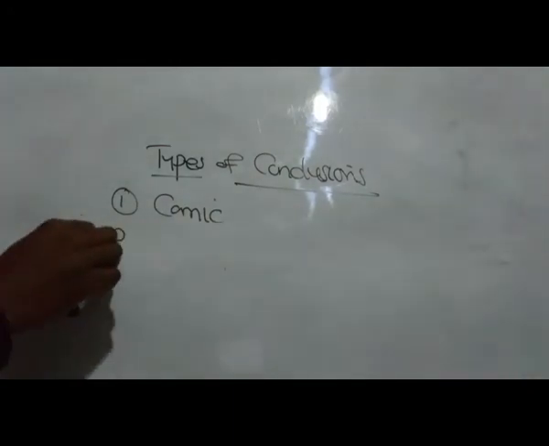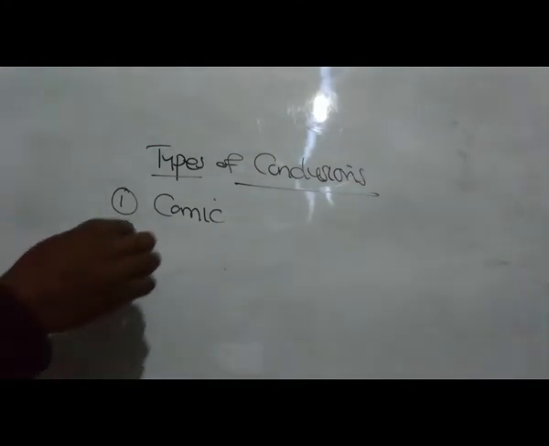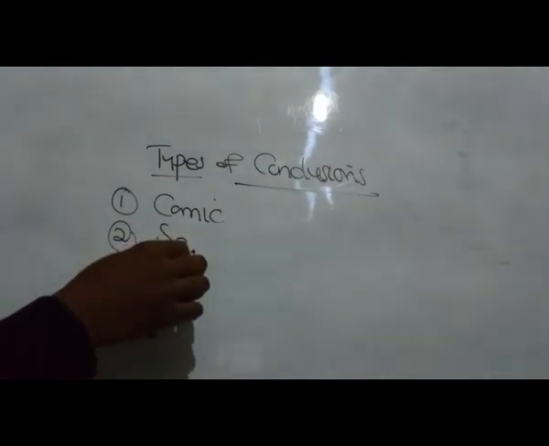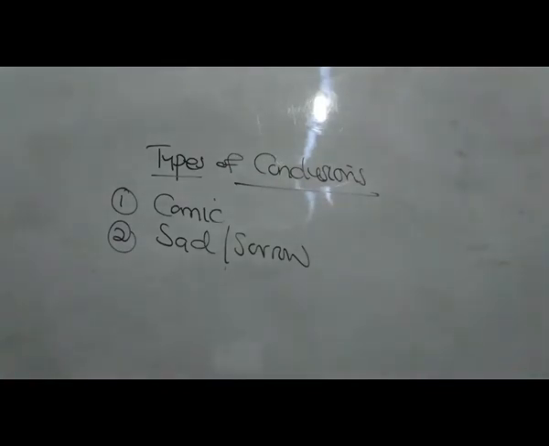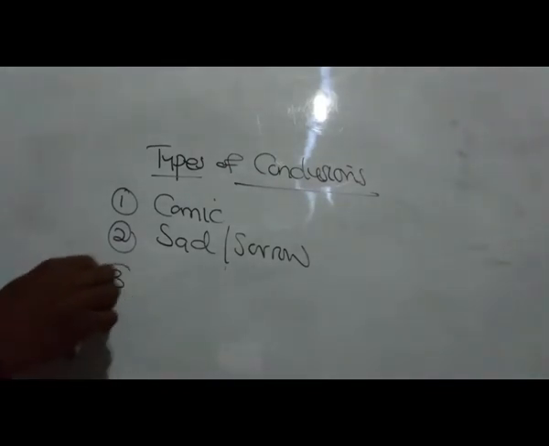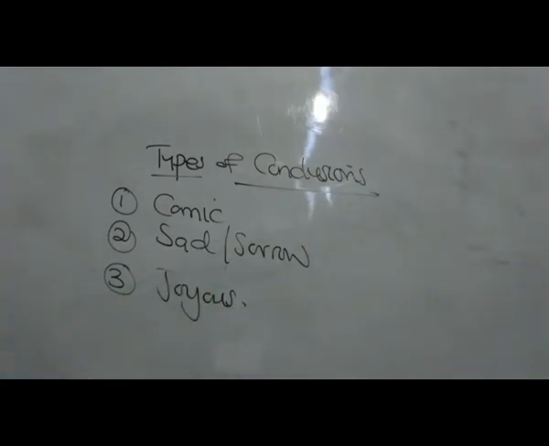You can also end the story in a sad or sombre way, a sorrow ending, or maybe a joyous ending. All these are ways in which you can conclude your story. So these are the types of conclusion. Maybe it's a comic ending, it ended as a joke, or it ended as sorrow, or it ended as joyous.